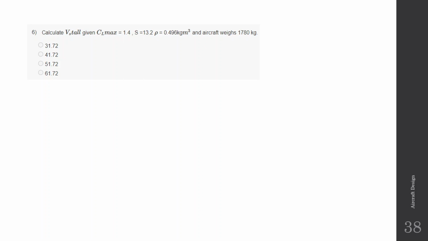So this is the next question, which is: calculate Vstall given CL max, S and rho, and the aircraft weighs 1780 kg. Here you know the formula for Vstall, which is the square root of 2W by S rho CL max.